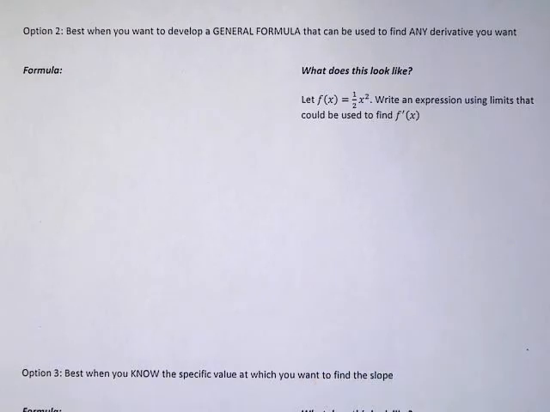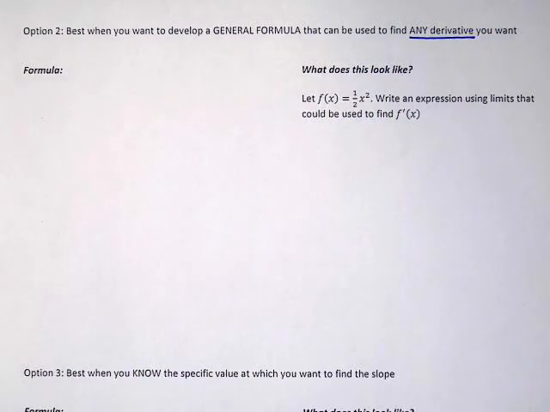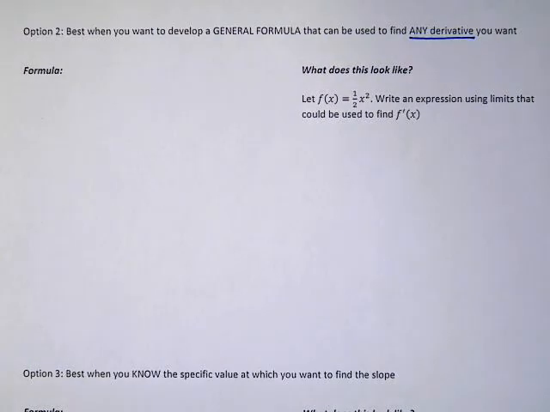Now, option 2 is going to be best when we want to develop a general formula that can be used to find any derivative that we want. So as opposed to finding it as a specific value, we want to find any derivative. And here's what this formula is going to look like.